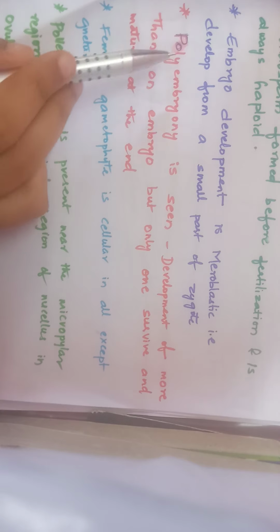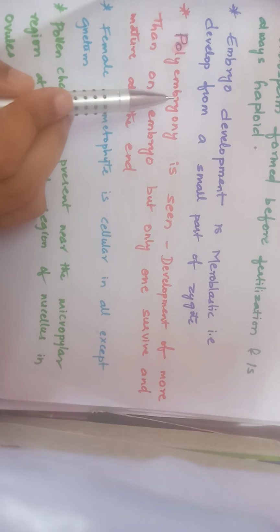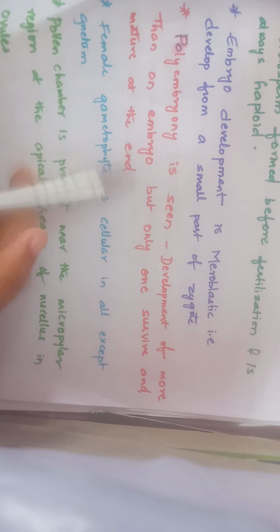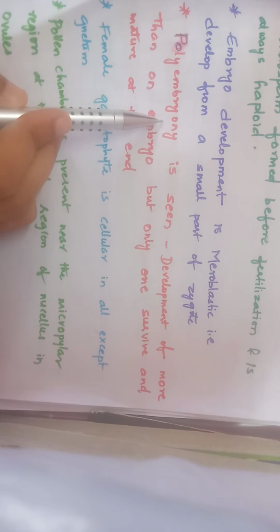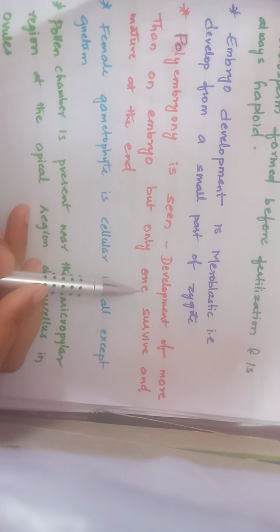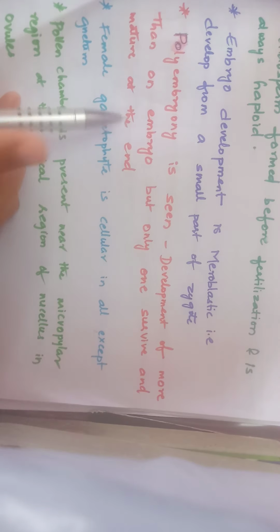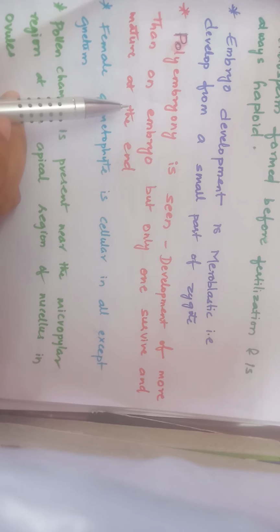This condition is known as polyembryony, and it is common in the gymnosperms. Even though many embryos are developing, only a single embryo gets matured at the end.